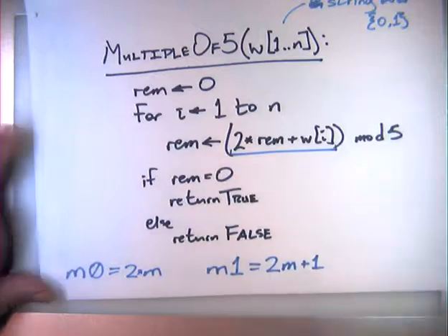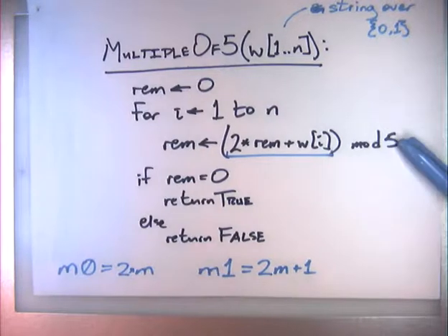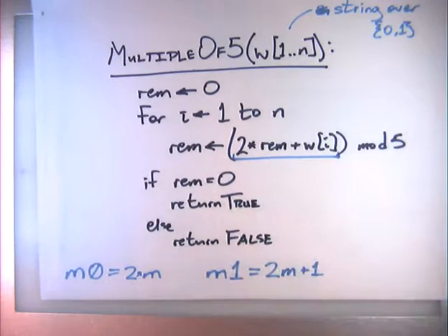So what I'm doing here is essentially saying, if I think I know what the remainder is for m mod 5, and I read one more bit, this line tells me the remainder of either m0 or m1, depending on which bit I'm reading. If I wanted to do multiple of 7, the only thing I would have to change here is the 5 to a 7. The 2 here is because it's in binary. Does everybody understand, vaguely at least, what the algorithm is doing?